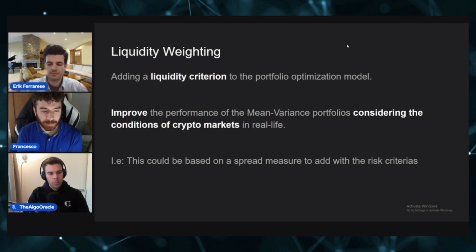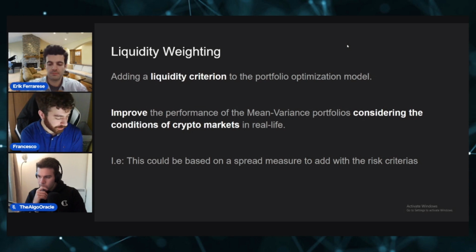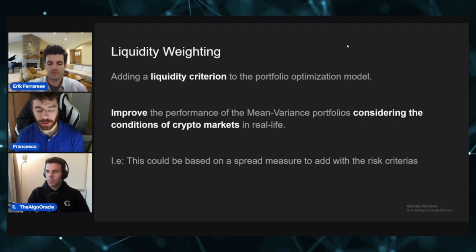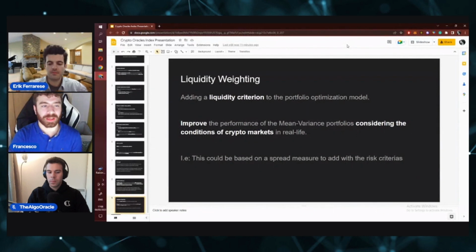So the next call is going to be focused on how we select these different assets with which you do backtesting. We're going to explore different clustering or division selection models, which could be focused on risk or volatility and other factors.